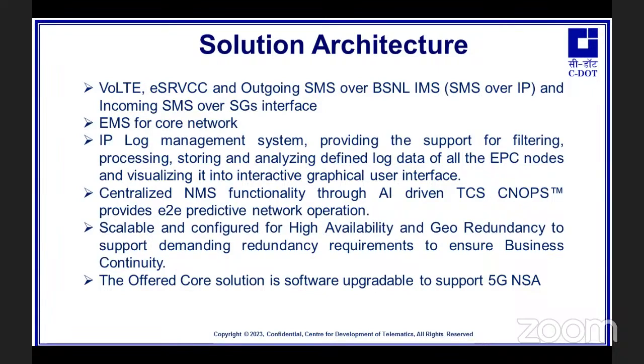Pooling, yes. SGW pool means there are two SGWs. Forget about SGWU, SGWC. Two SGWs are in pool. Pool means either it is going in load balancing or round robin. One request is going to this SGW, one is going to another SGW. It can happen. There is flexibility.